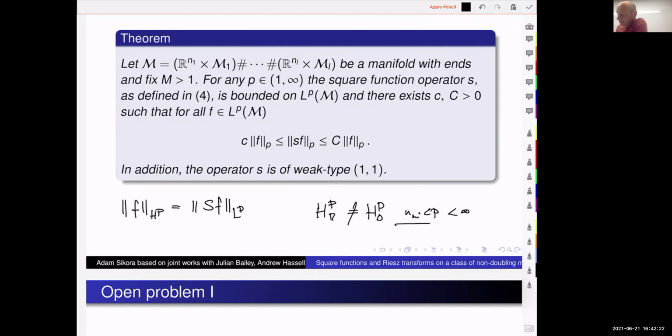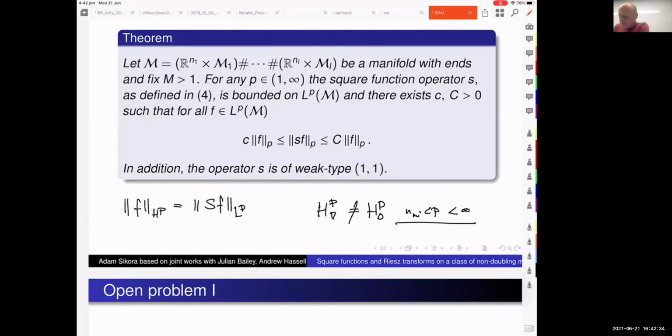So somehow we don't have a situation like this in the standard Euclidean setting, right? That's quite a surprising observation. So yes, there are quite a few points of interest here for harmonic analysis.